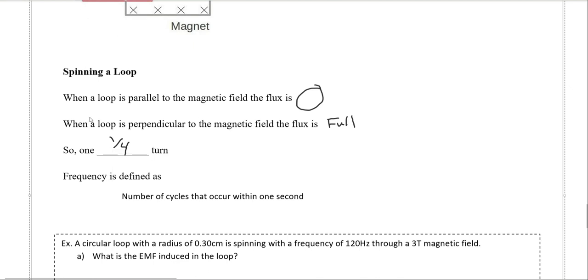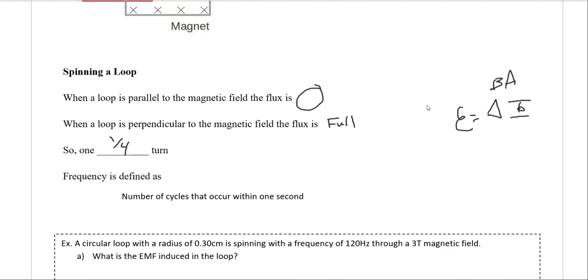So for finding our EMF, remember our EMF is the change in flux, which is easy. You're just going to take the field times the area. It's B times A at perpendicular, and it's 0 when it's parallel.